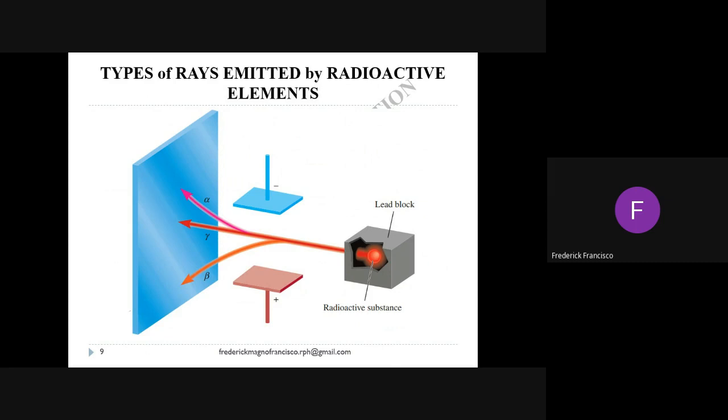Beta rays or beta particles are electrons and are deflected by the negatively charged plate. The third type of radioactive radiation consists of high energy rays called gamma rays. Like X rays, gamma rays have no charge and are not affected by an external field.